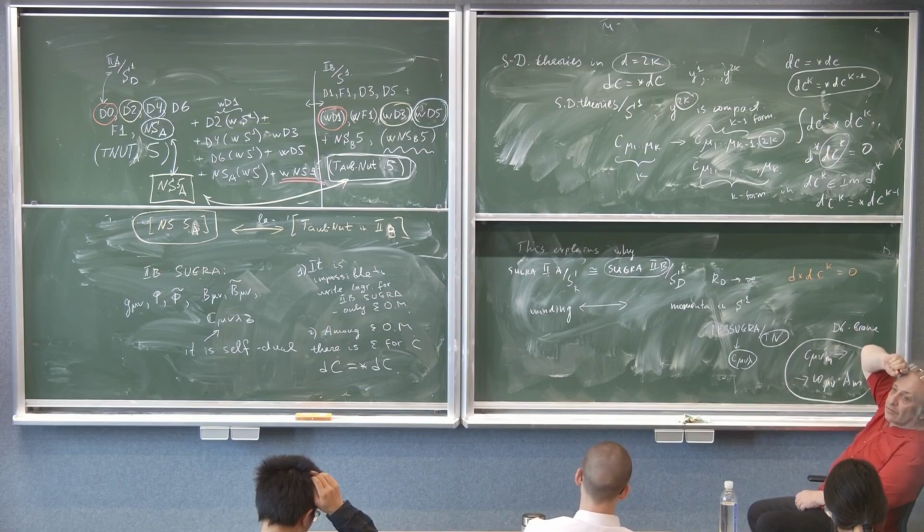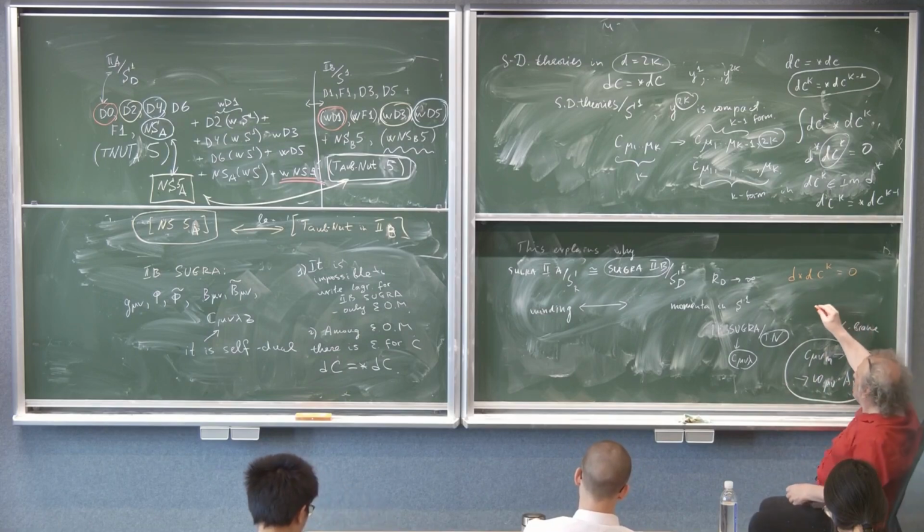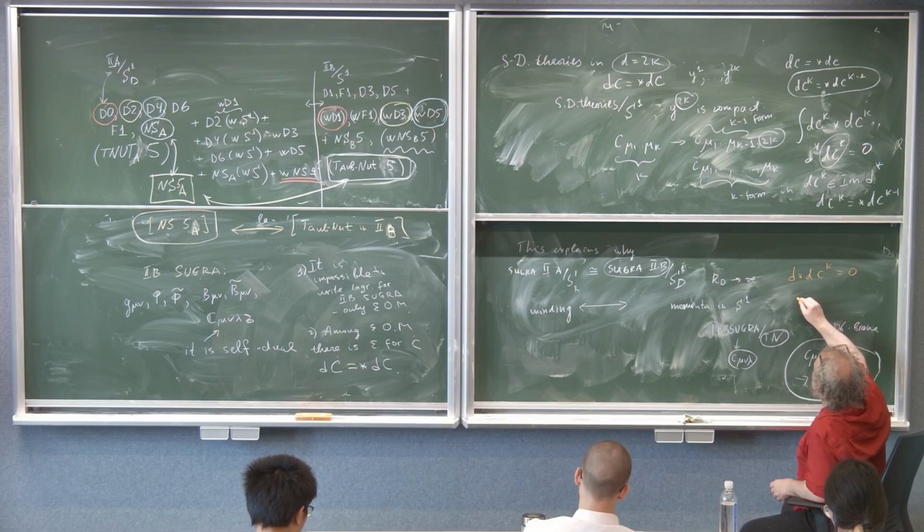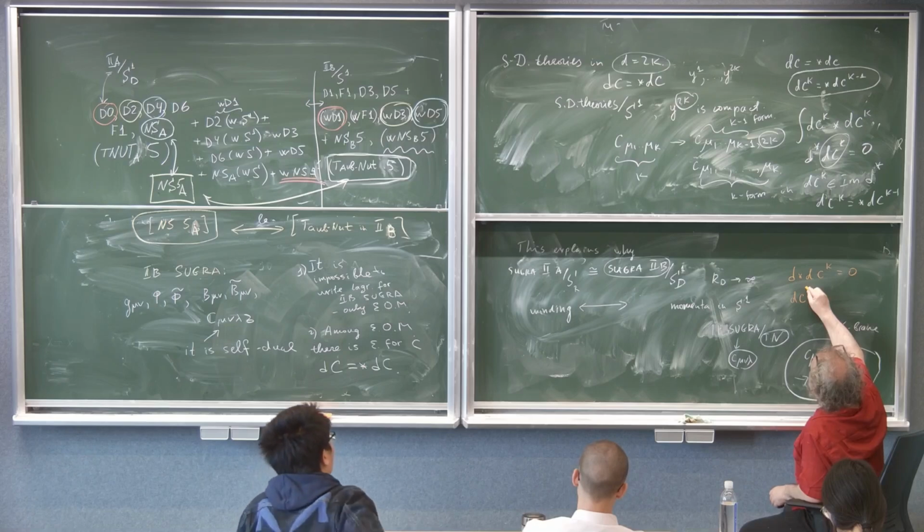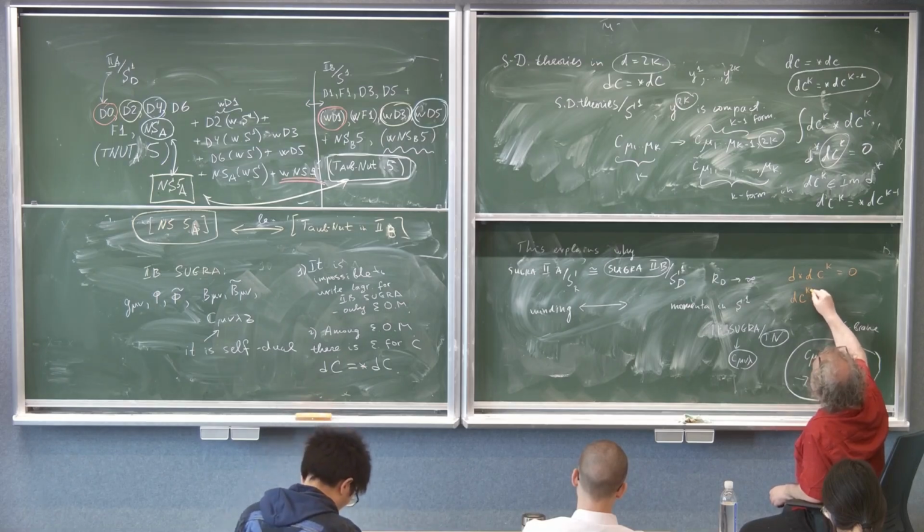Okay? Then you say, look, you introduce a field C_{k±1}, I don't remember, such that dC equals this.